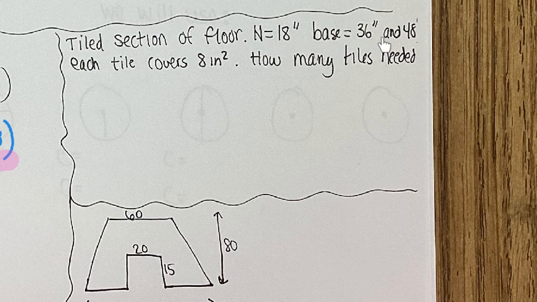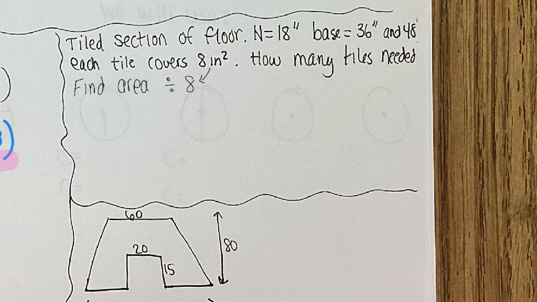We have two bases, 36 and 48. And each tile is this much space. So we want to know how many tiles we're going to need. Well, I think our game plan should be, let's find the area and then let's divide by 8.